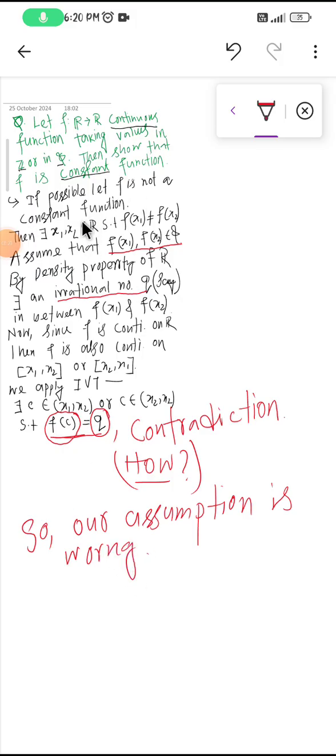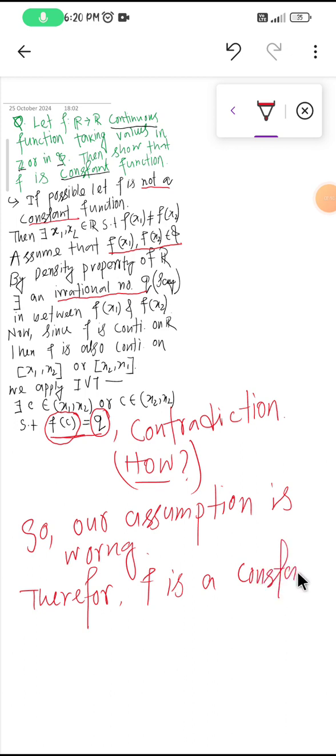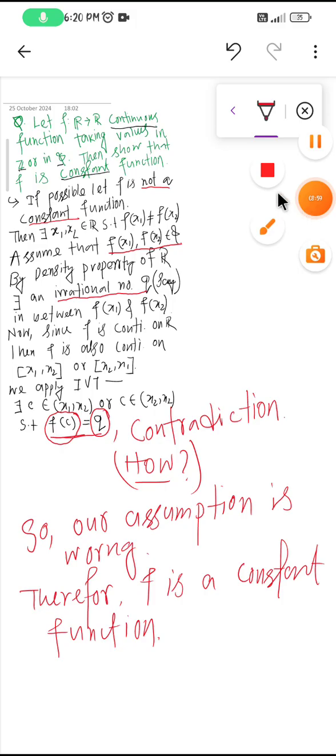What did we assume? We assumed that f is a non-constant function, but that assumption is wrong. So what is true? f is a constant function. Hence proved.